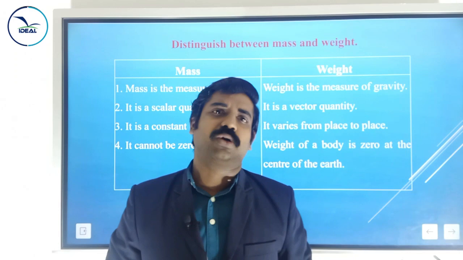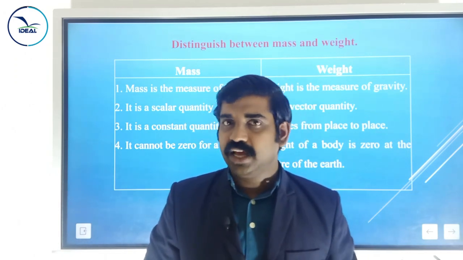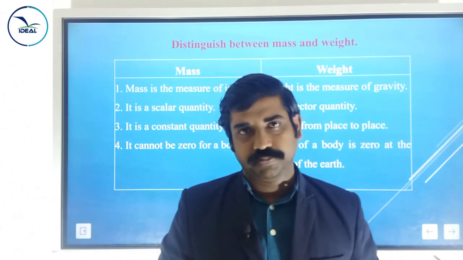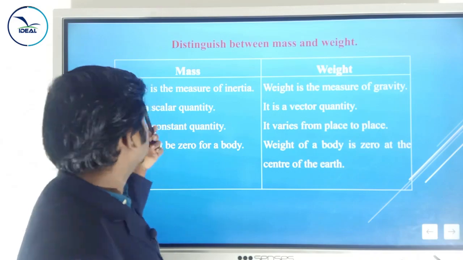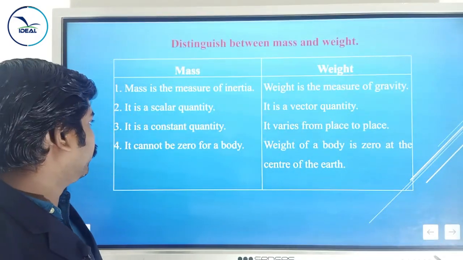We can say the shortest distance is called displacement. Displacement is a vector quantity; distance is not. So mass is a scalar quantity and weight is a vector quantity.